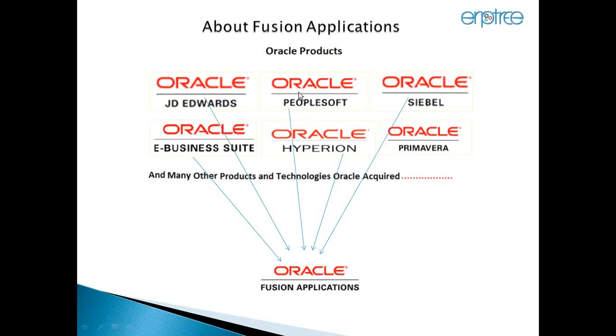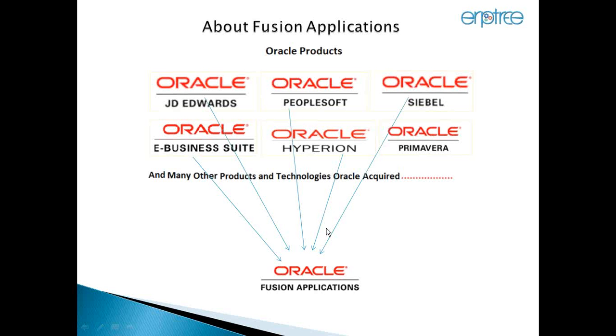Now from PeopleSoft they took the HCM solution, which is the best in the market, and from Siebel they took CRM. From JD Edwards they took a few, majorly SCM supply chain management related solutions. From EBS they took financials, and even some partial financial solutions from PeopleSoft.